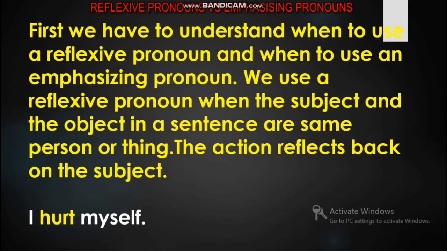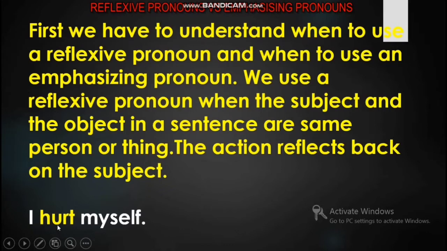First we have to understand when to use a reflexive pronoun and when to use an emphasizing pronoun. We use a reflexive pronoun when the subject and the object in a sentence are the same person or thing. The action always reflects back on the subject or the doer. For example, I hurt myself.